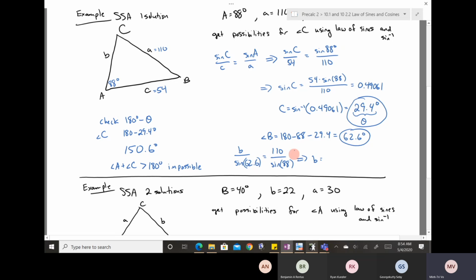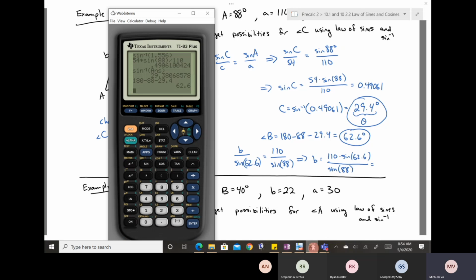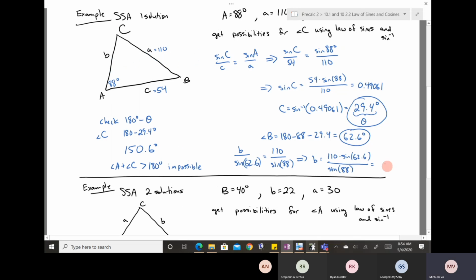So B is, so I multiply this over. So 110 times sine 62.6 over sine of 88. So what do I get? So 97.7.